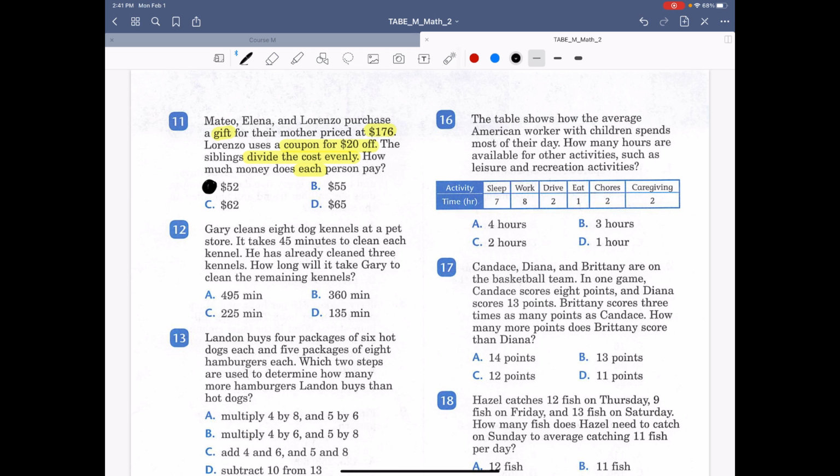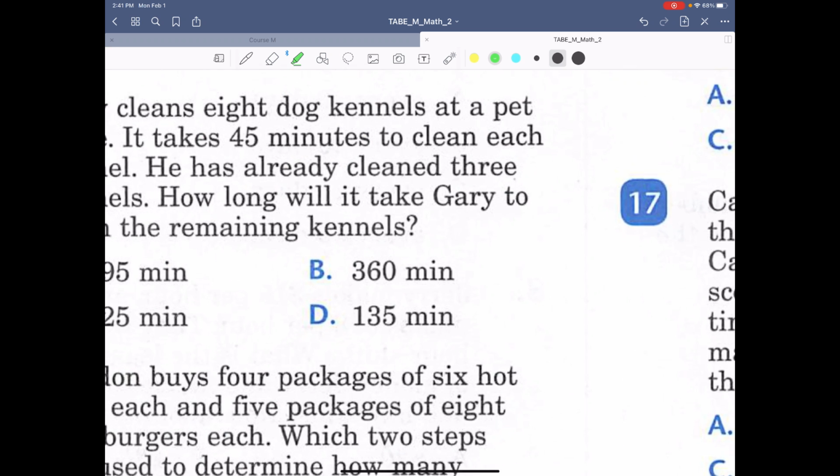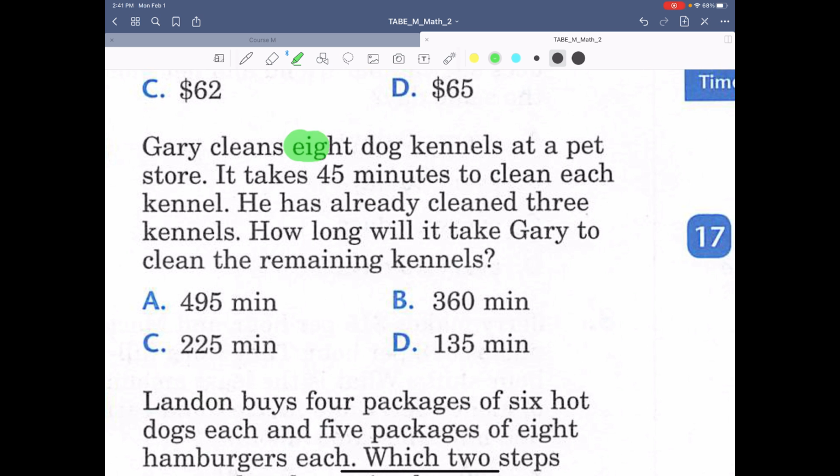All right, number 12. Gary cleans 8 dog kennels at a pet store. It takes 45 minutes to clean each kennel. He has already cleaned 3 kennels.